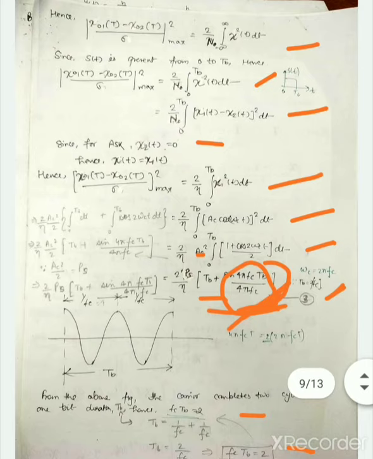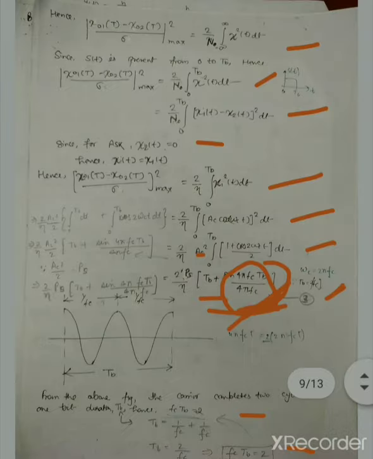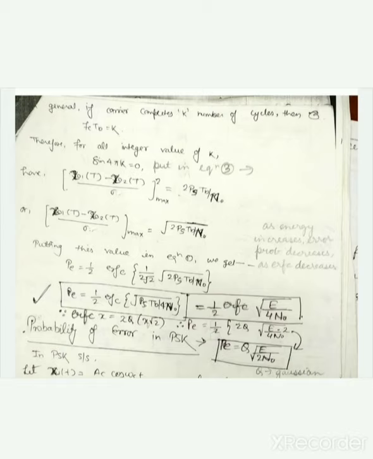So the second term will be eliminated from this equation 3, and how it is eliminated we have seen here. So here you can see the final equation which we got. We have kept the value of sin 4 pi k is equals to 0 in equation 3, and finally we got this equation. This equation is the value of SNR which we obtained.